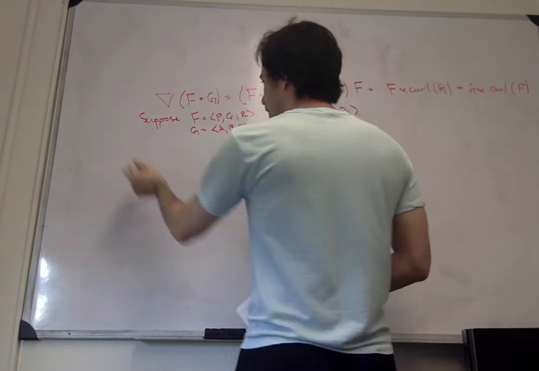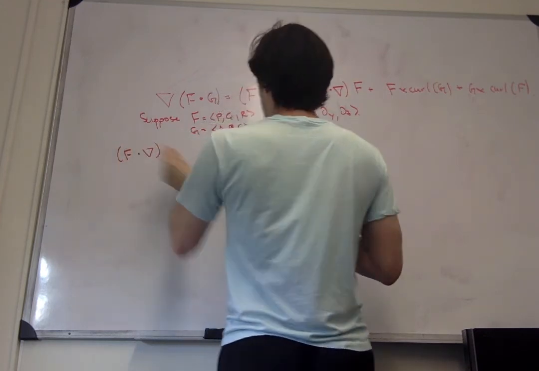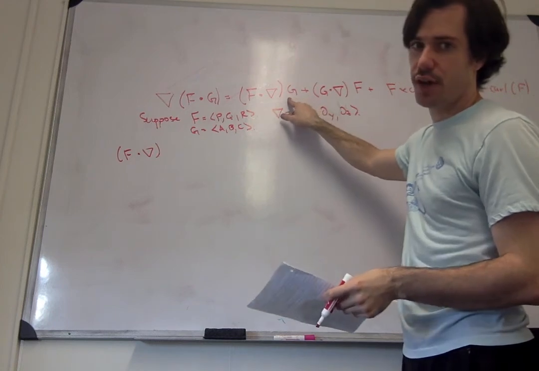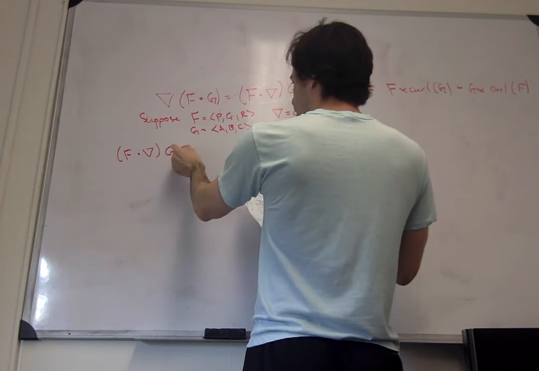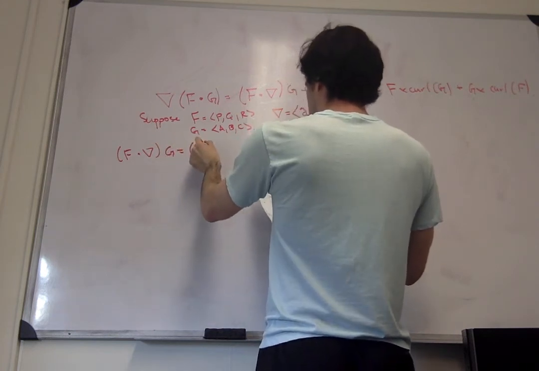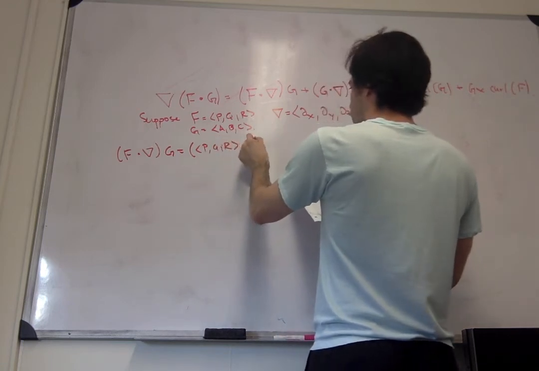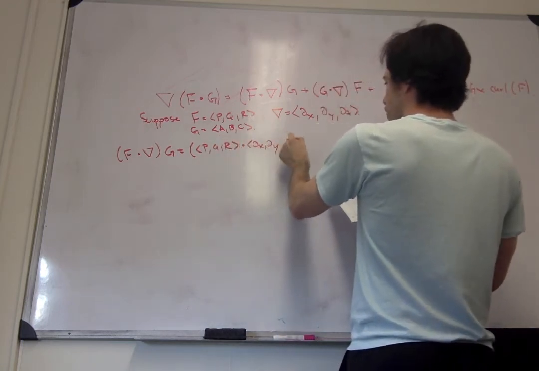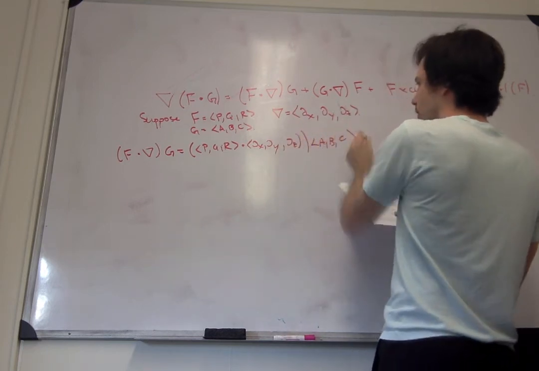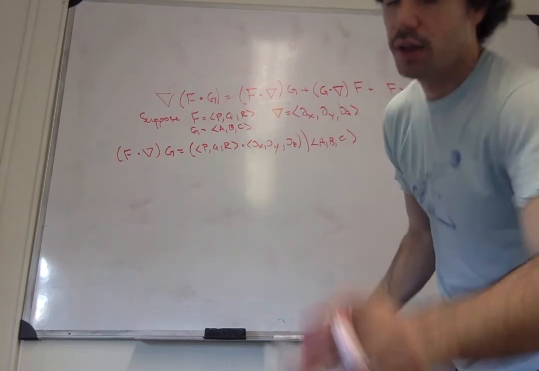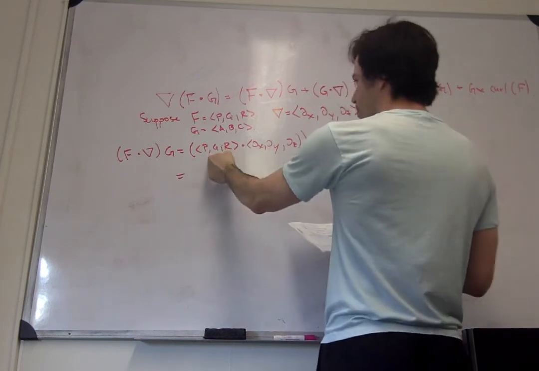Getting right into it, f dot nabla. I'm going to do the first term first, and then I'll do the second and so on. So f dot nabla g equals P, Q, and R dot partial, partial, partial, applied to A, B, C, because g is A, B, C. Now I'm just going to multiply those together.